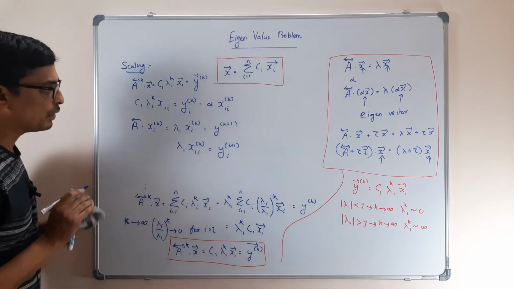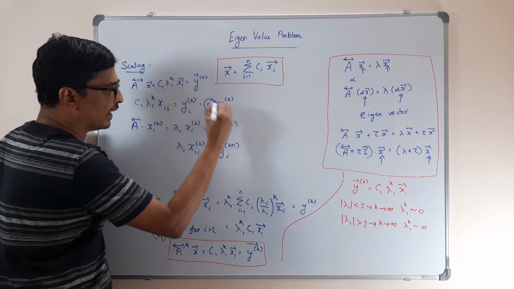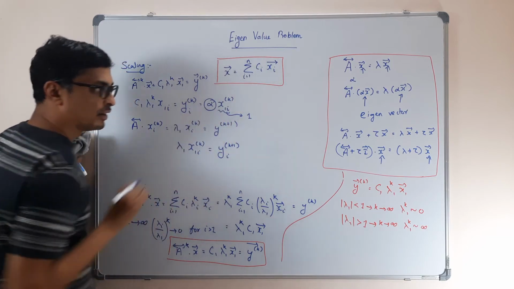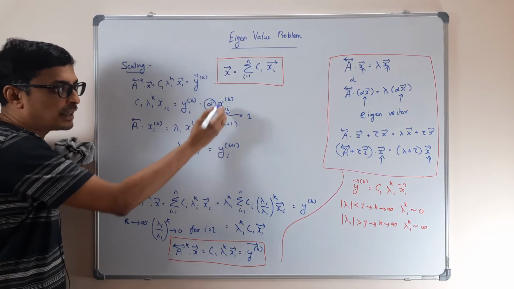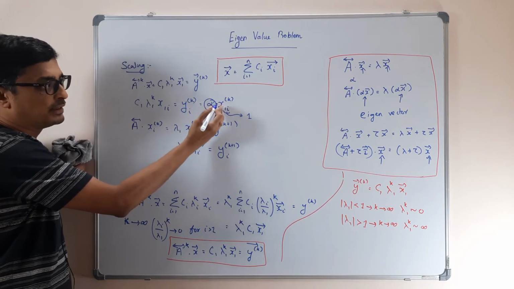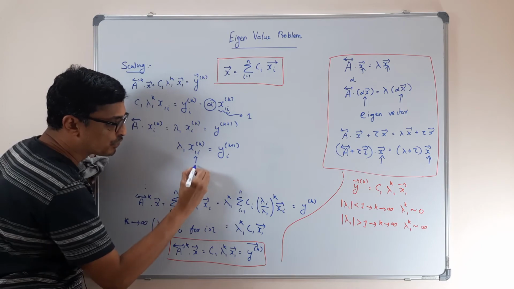Okay, so now suppose we have chosen this alpha such that this component becomes 1. It means we have scaled a particular component of this eigenvector as 1 by taking this common factor alpha. Then this factor is going to become 1.